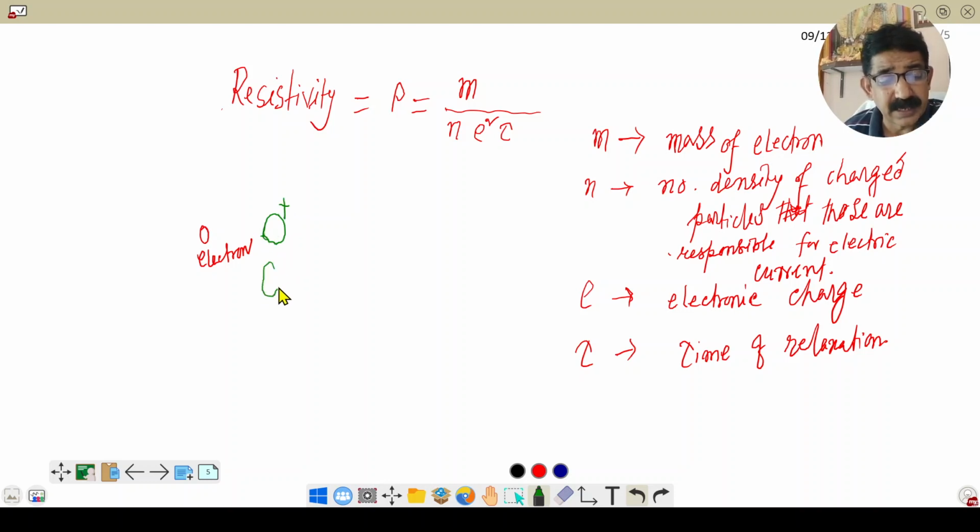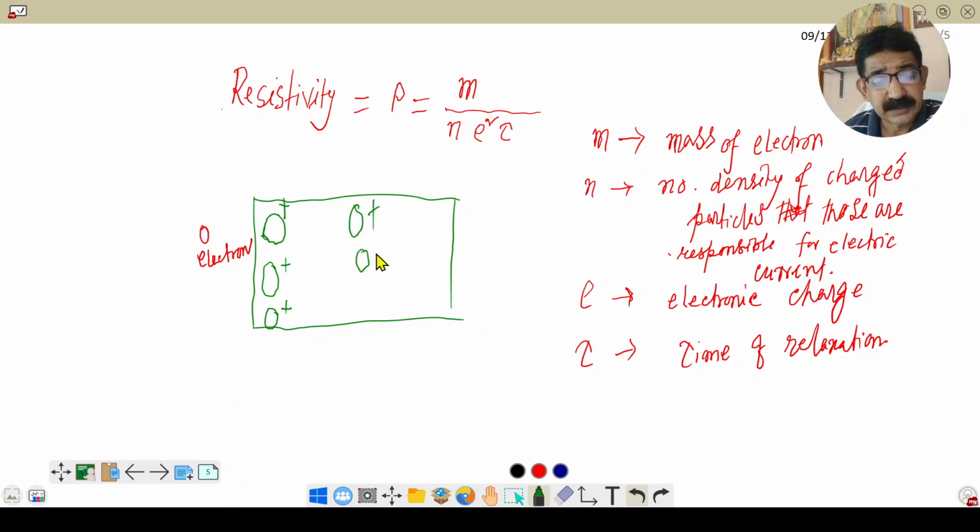The positions of the positively charged ions are fixed inside the conductor, and there are so many of them. Electrons move from one point to another under the action of the electric field or under the compulsion of the potential difference.